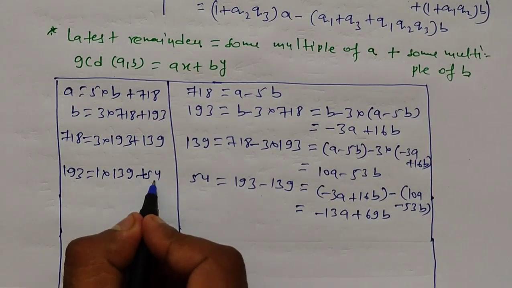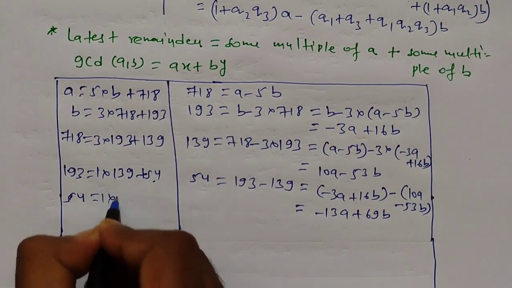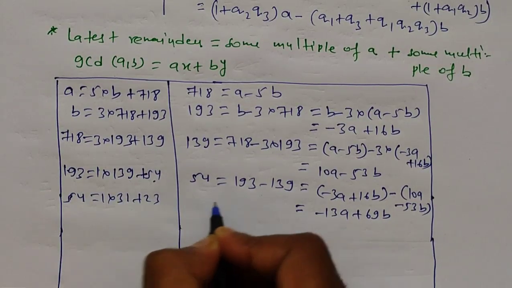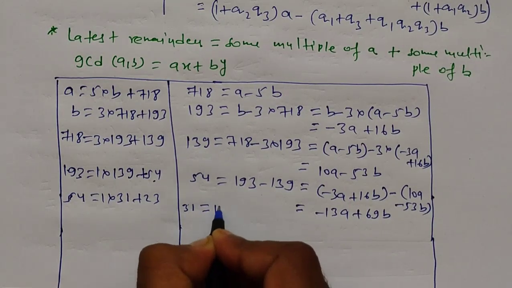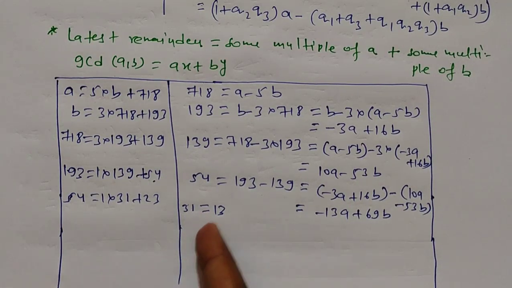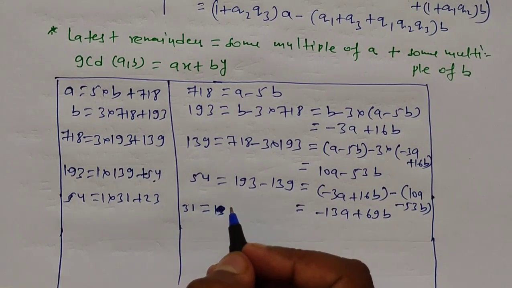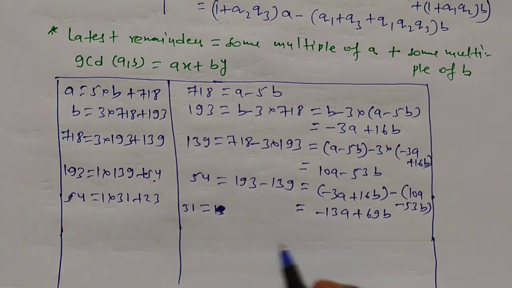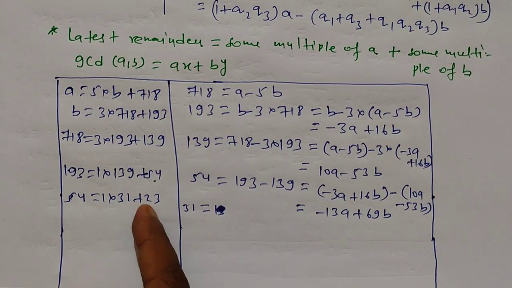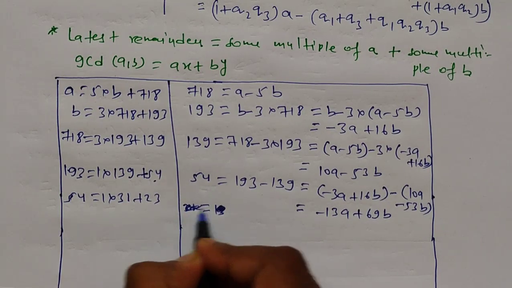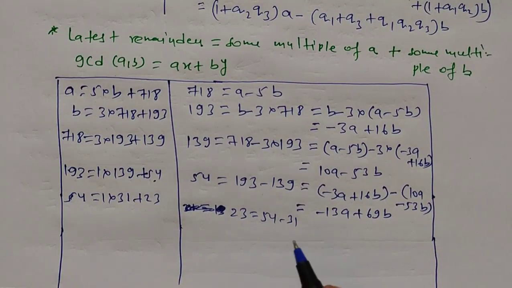Again for 54. So 54 is equal to 1 into 31 plus 23. Now 31 is equal to 54 minus 31. So 54 is equal to 1 into 31 plus 23, and 23 must be equal to 54 minus 31.